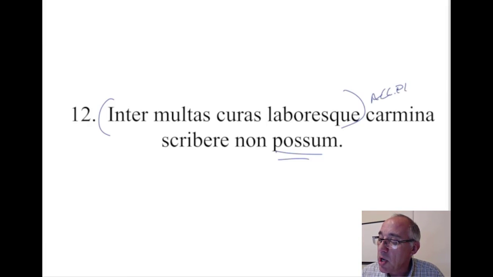Carmina, accusative, plural, neuter. I wrote masculine. I said neuter. Neuter is correct. I am not able to write songs. Inter multas curas laboresque. Amidst many cares and labors, hardships. Among many cares and hardships, I am not able to write songs.